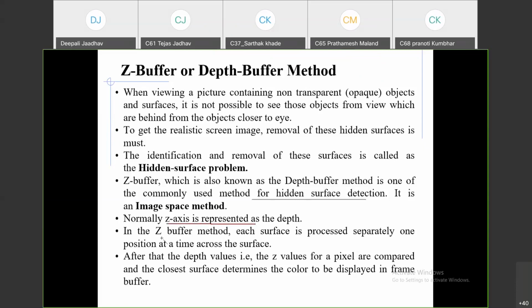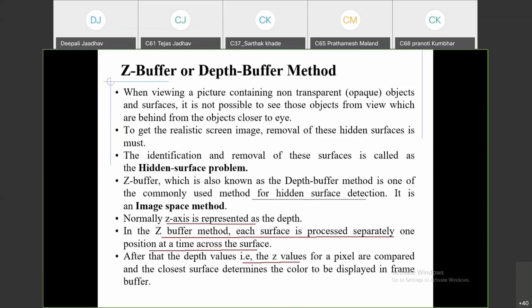In the Z-buffer method, each surface is processed separately, one position at a time across the surface. Multiple surfaces are there, and every surface is separately processed using the algorithm. After the depth values, that is, the Z value always considered as the depth value for a pixel, are compared, the closest surface determines the color to be displayed in the frame buffer.